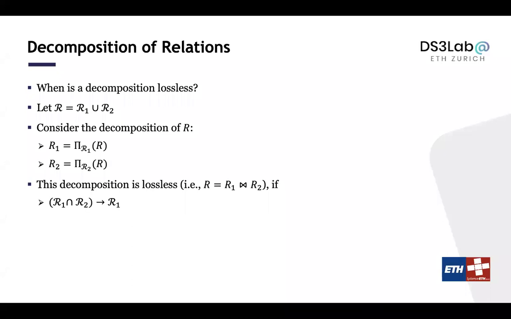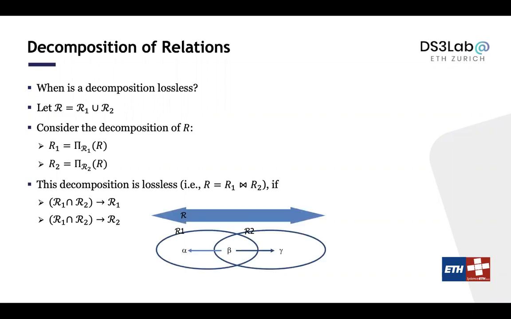In this case, if the intersection of R1 and R2, that set of attributes, functionally determines R1, or that intersection functionally determines R2, we can say this decomposition is lossless. So you have one relation R with three sets of attributes: alpha and beta are in R1, beta and gamma are in R2 in the decomposition.